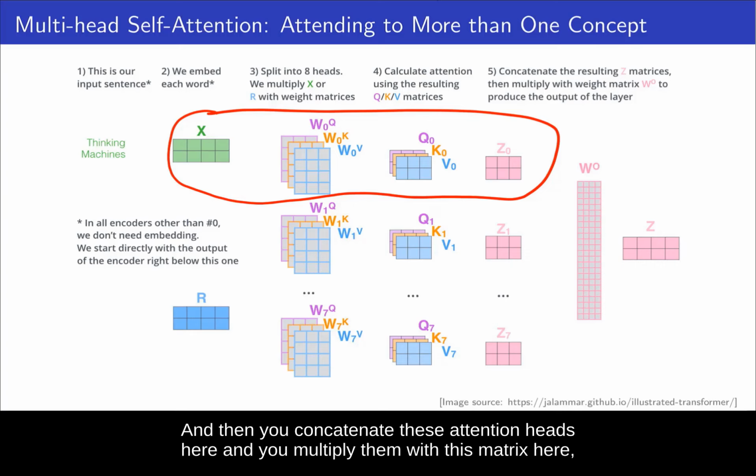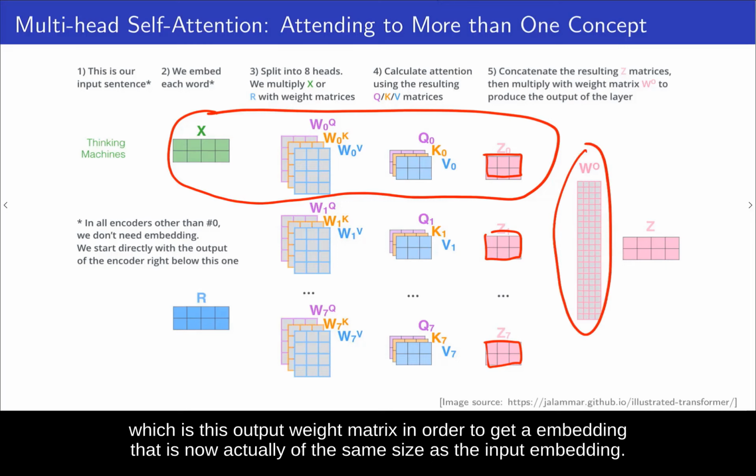And then you concatenate these attention heads here, and you multiply them with this matrix here, which is this output weight matrix, in order to get an embedding that is now of the same size as the input embedding.